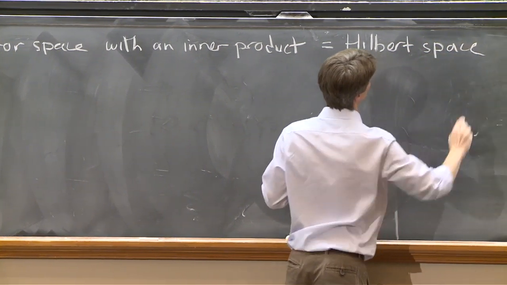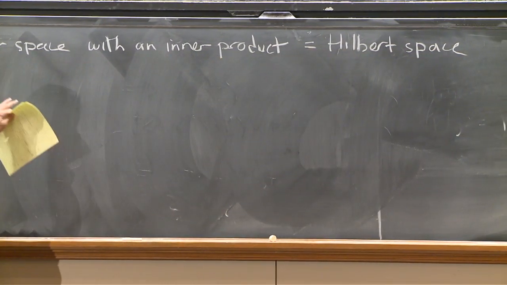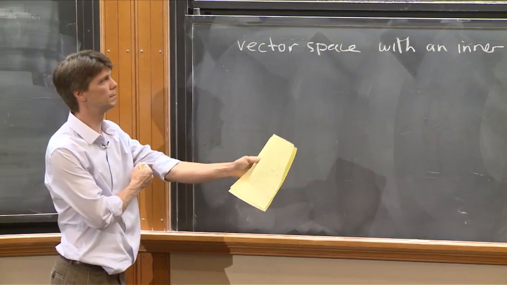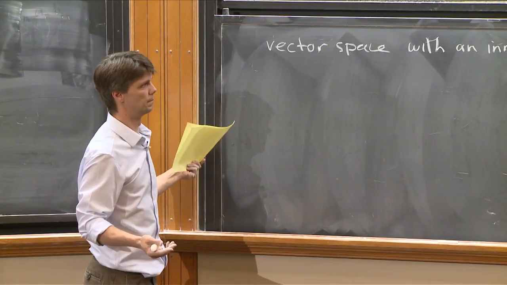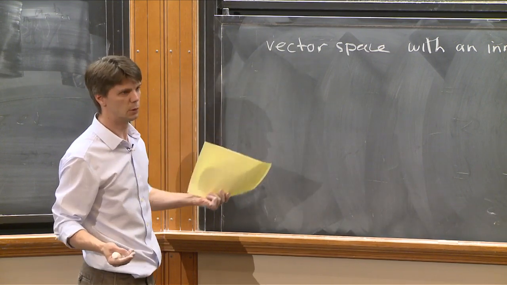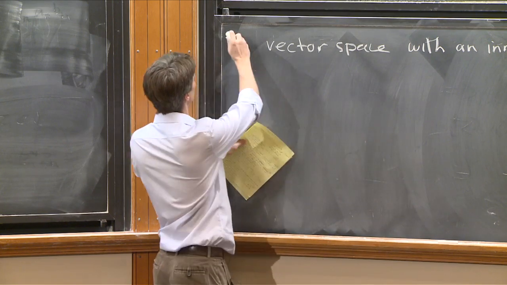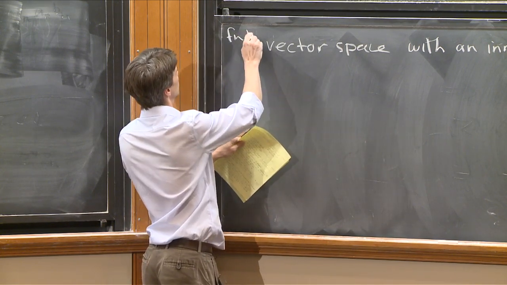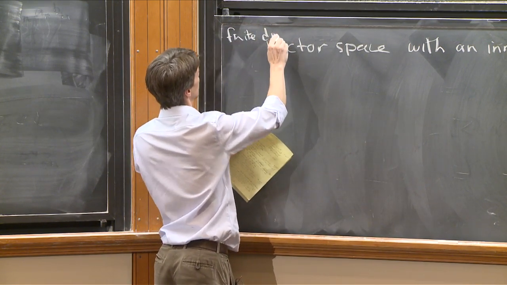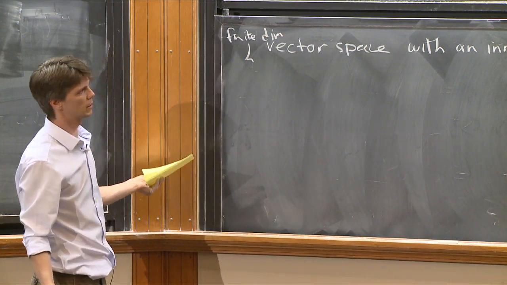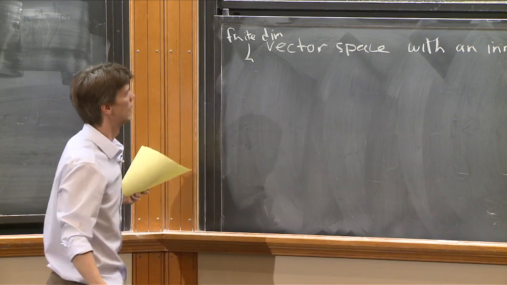This needs a little qualifier. If this is a finite dimensional vector space, then it is just a Hilbert space. Let me write it here: a finite dimensional vector space with an inner product is a Hilbert space.